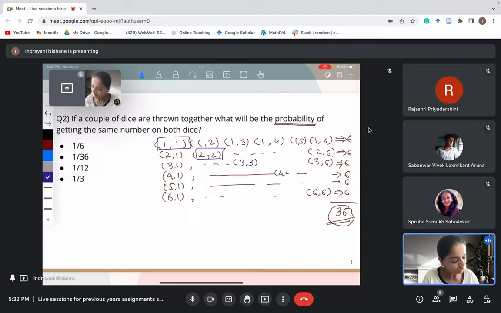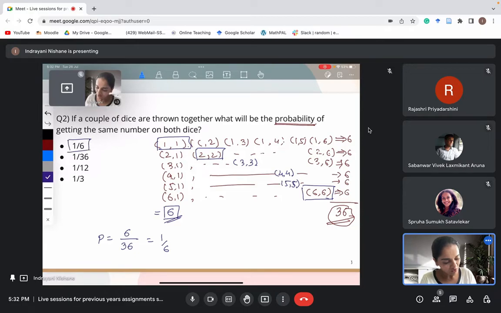Here we will have 4 comma 4. Here we will have 5 comma 5, and this 6 comma 6. Let's count them: 1 2 3 4 5 and 6. So our desired outcomes are 6 in number out of 36. So probability P would be 6 divided by 36, which will be 1 by 6. Right? This is option number 1, 1 by 6.